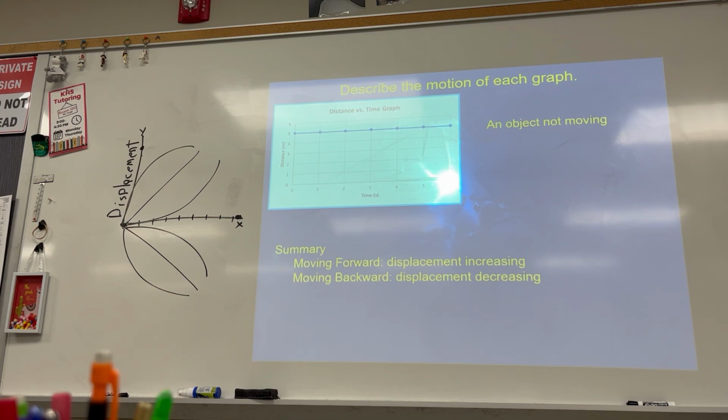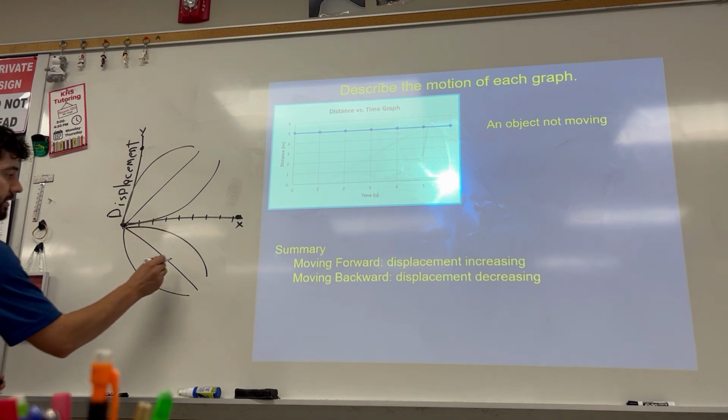There's 2 speeding up graphs on your notes. What do they have in common? They're going opposite directions because there's one forward, one backward. But if I'm speeding up, there's a common thing that the graph does. It curves what direction? One goes up, one goes down.